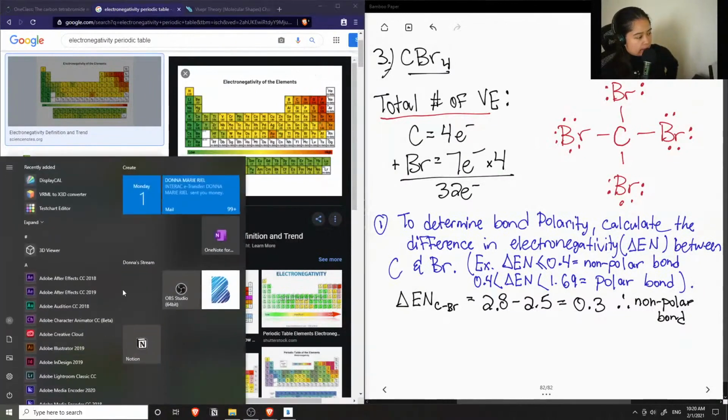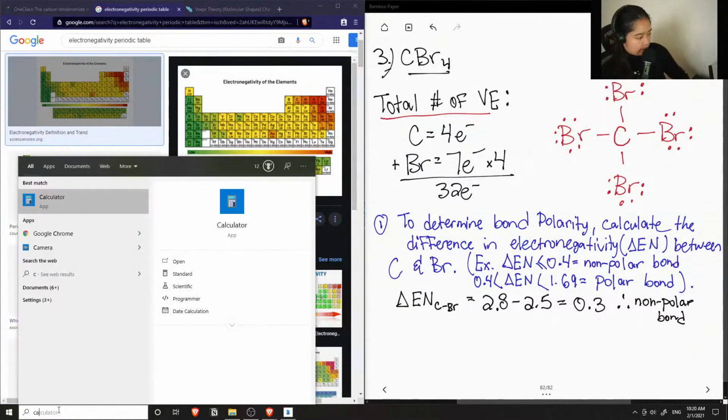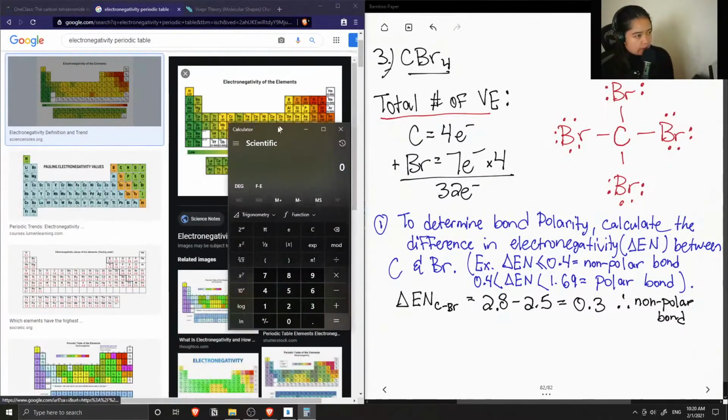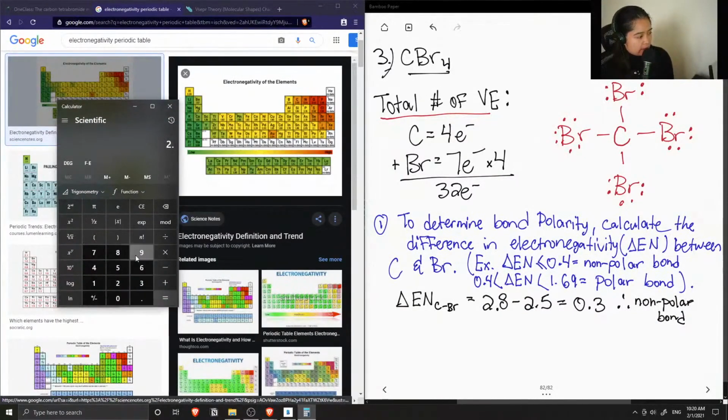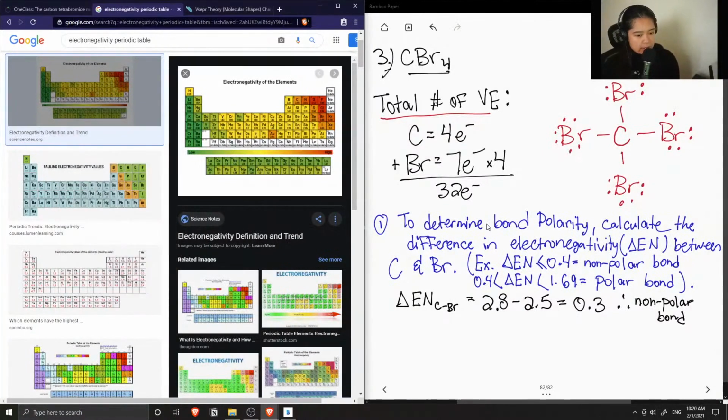Let me calculate that. So depending on what source you have, sometimes they have different electronegativity values, but you can see that it would still be a nonpolar bond. So we know that the bonds are nonpolar.